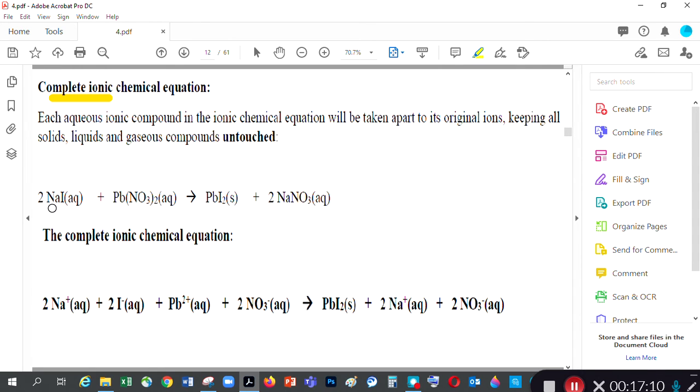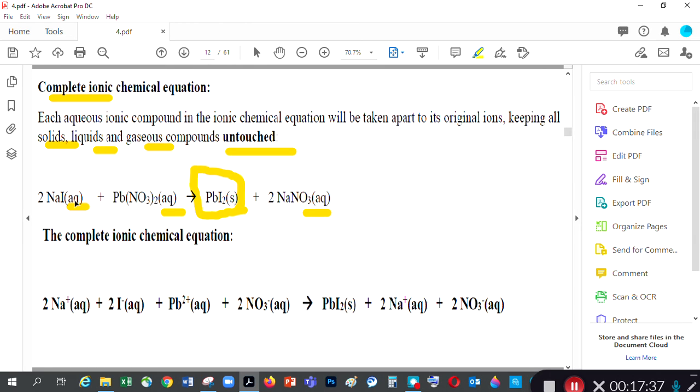We take apart only the aqueous ones. The solid stays intact, it's not touched. The liquid is not touched. The gas is not touched. So solid, liquid, and gas compounds are not touched. Keep them as they are. Don't take them apart.